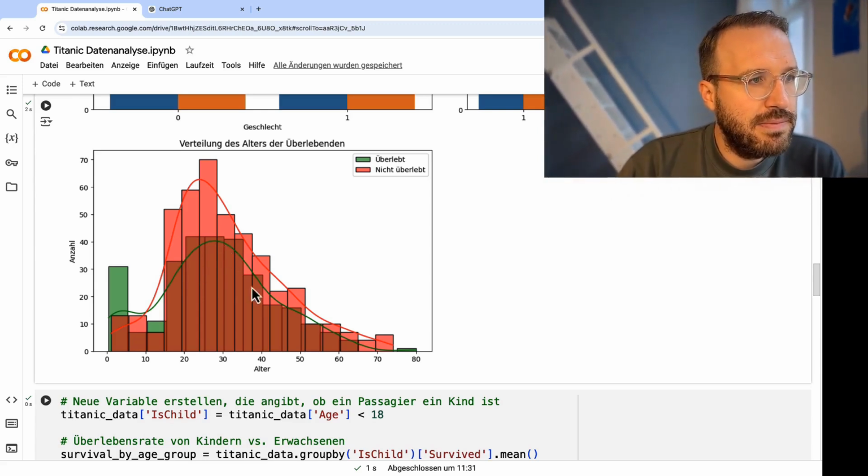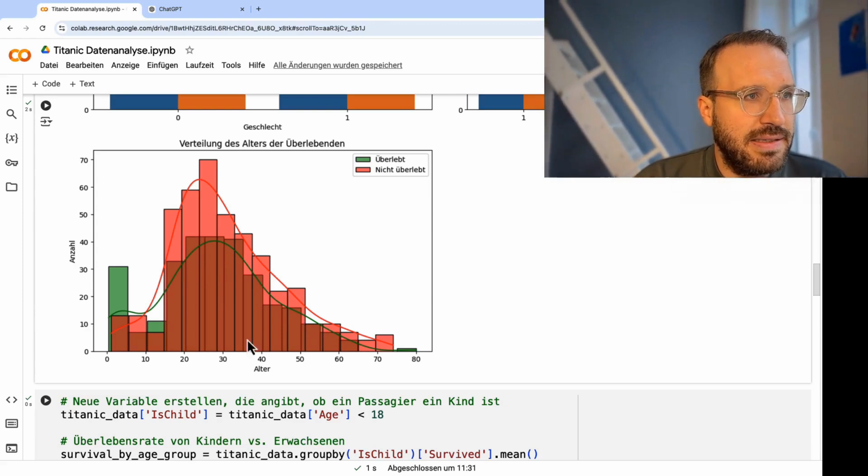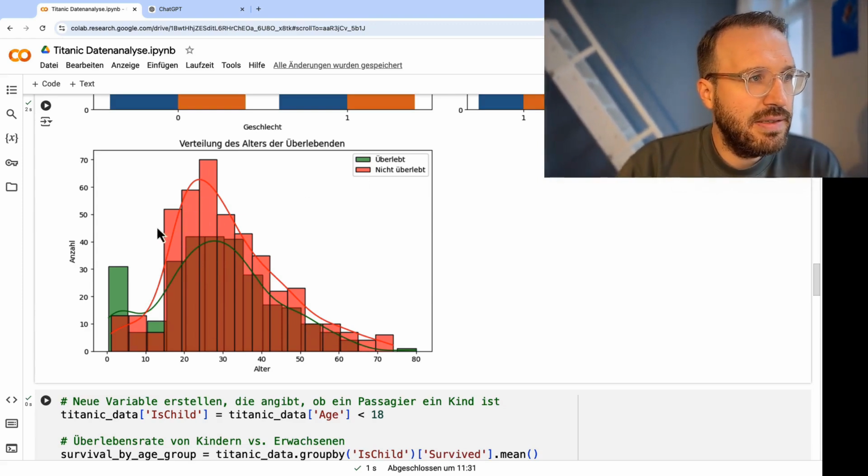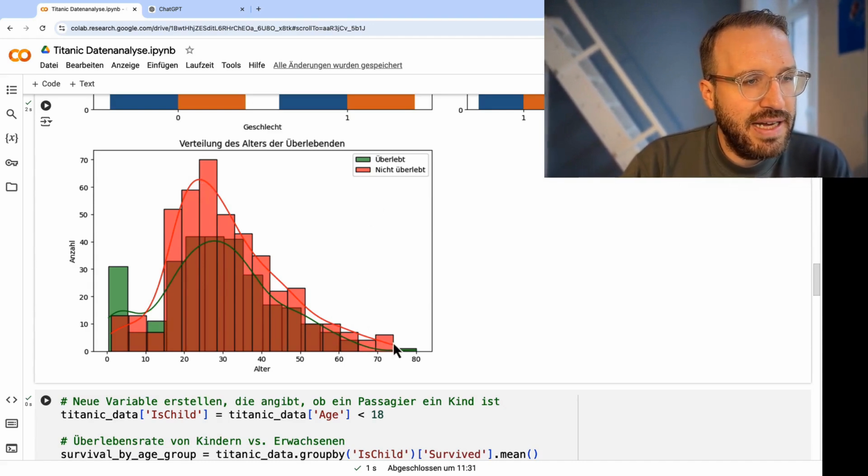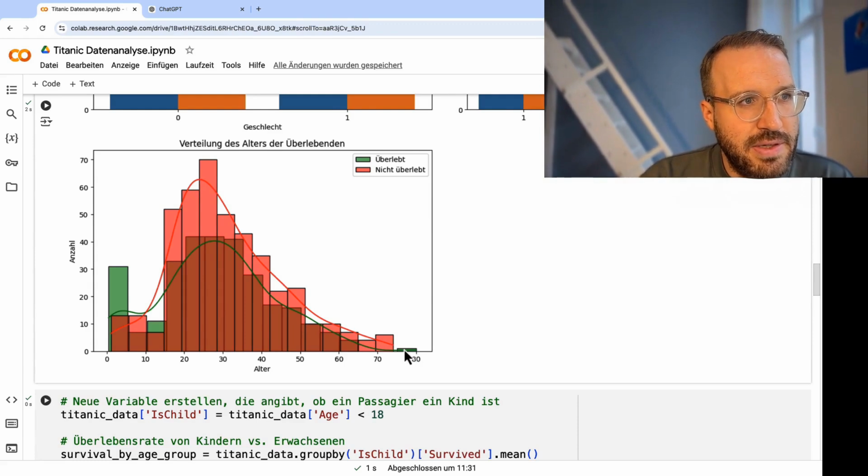And there we see, so to speak, a relatively normal distribution, just like we see with the non-survivors. Here we also notice a peak at 30. There is a small difference between those who survived and those who did not among the very old, as more of them tend to survive.